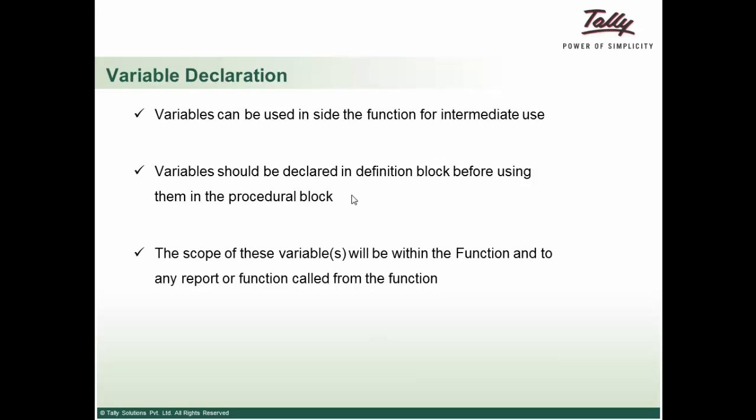Variables should be declared in the definition block before you bring them to use. The scope of these variables will be within the function and any report or function called from the function. So till the function exists, the variable exists. Once the function call is closed, the variable is self-destructive.